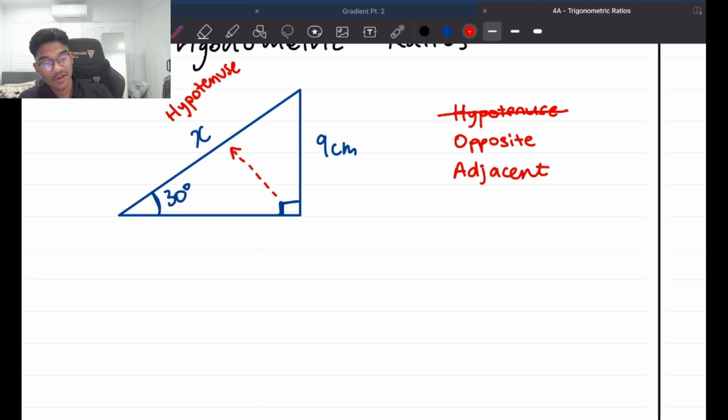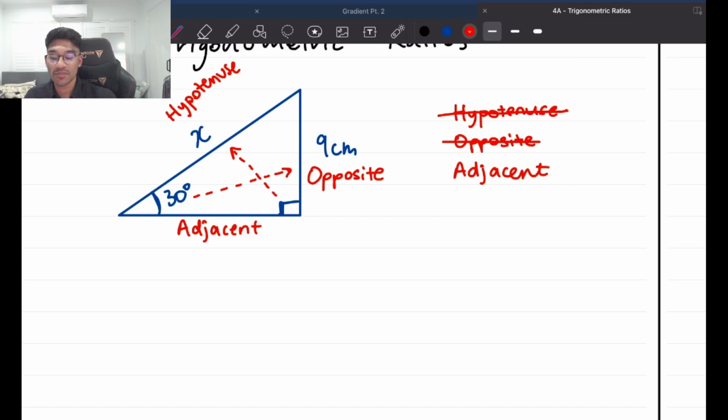We're going to go opposite the angle as well. This side is opposite the angle, so we call this the opposite side. So we've labeled that. And finally, our last one that's left over is the adjacent side. The adjacent side should always be next to the angle, but not the hypotenuse.